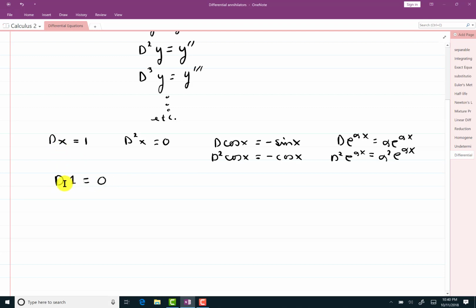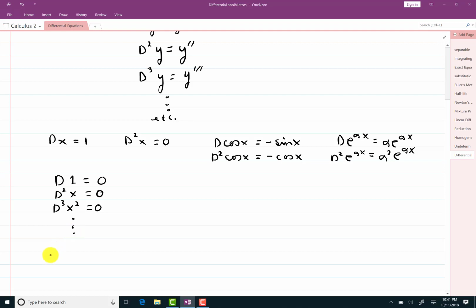So in particular, this operator annihilates the number 1. D squared x, for example, will annihilate x. D cubed x squared will equal 0, because you're taking 3 derivatives, and this only has enough room for 2 before it becomes 0. You get the idea.